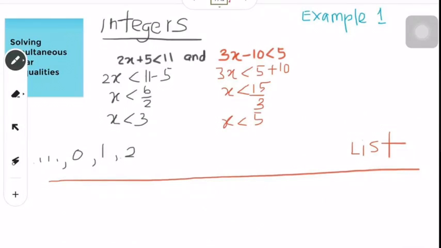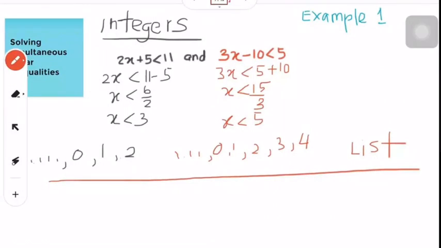And so on. Then we look at the second inequality. x must be less than 5. So the possible values of x are 4, 3, 2, 1, 0 and so on.